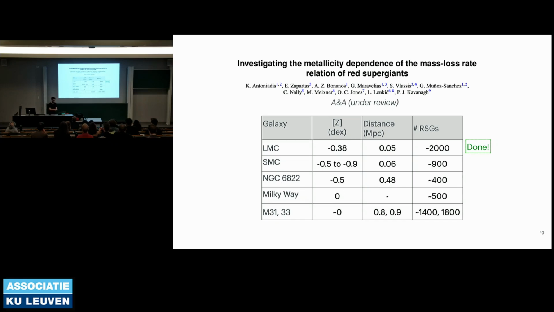In A&A we received a positive referee report. And so we studied the SMC again, and the 6D22, a sample of galactic red supergiants, and M31 and M33. So going from low metallicity, SMC metallicity, up to solar metallicity.